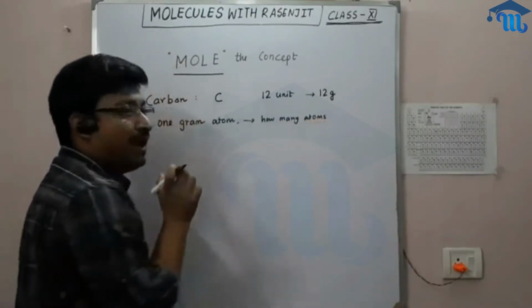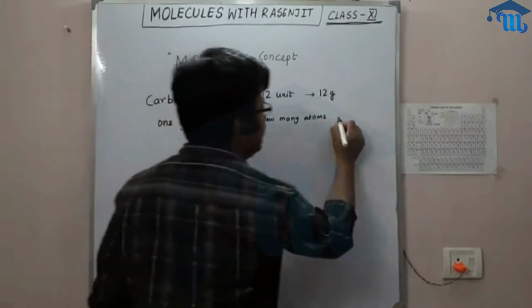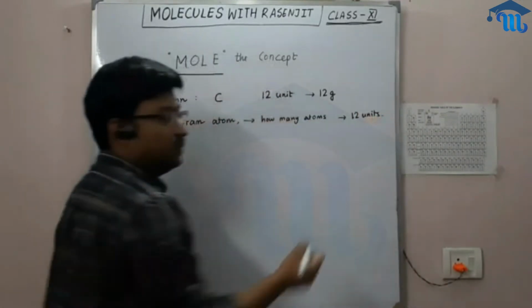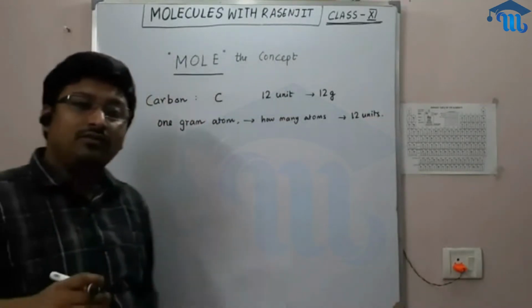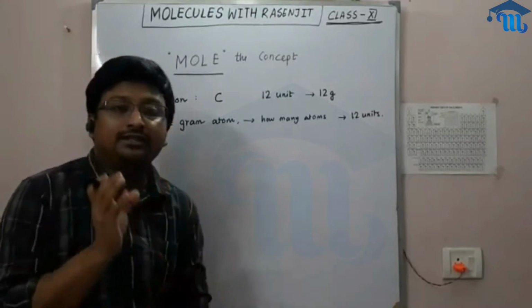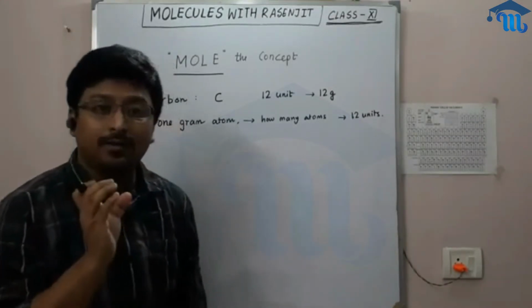This 1 gram atom of carbon is basically nothing but just 12 units, which is the atomic weight of the carbon.